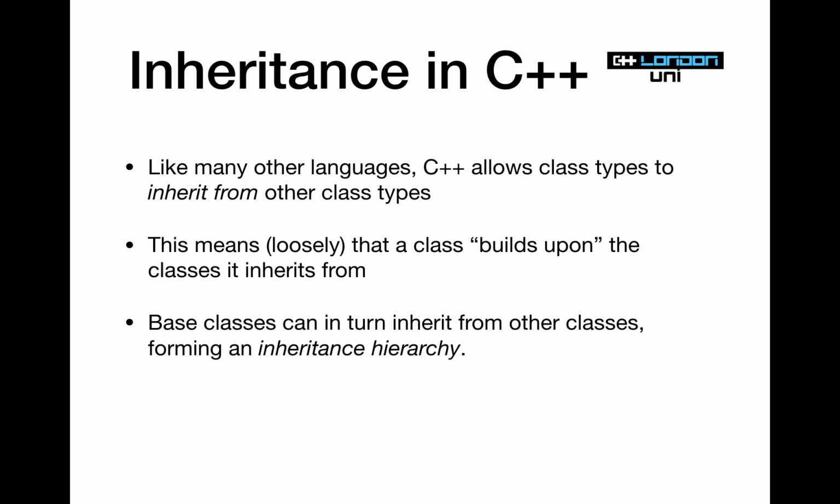Some languages call it a subclass. In C++, we tend to call it a base class. And in turn, that base class can have base classes of its own, which can have base classes of its own. And we can form this big, long chain, what we call the inheritance hierarchy. So we can have a BMW class, which inherits from car, which inherits from vehicle, which inherits from, I don't know what the superclass of vehicle would be, but you get the idea.